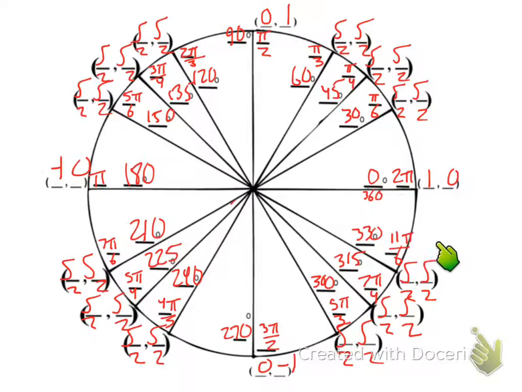I move upward from there. This next spot has to be a 1, 2, 3, and then 4. Well, it really should have been the square root of 4 over 2, but we already simplified that part.